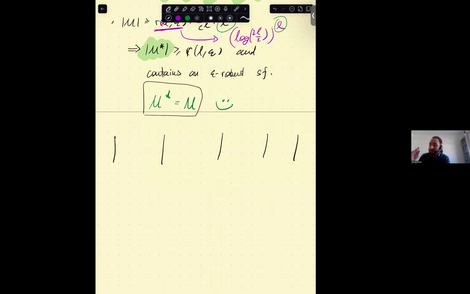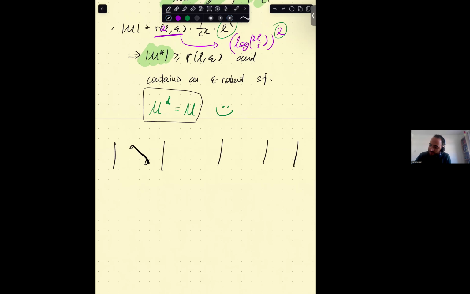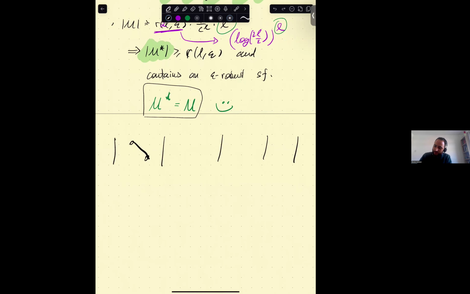You know that if a matching has this vertex and this vertex, then it must have this edge, right? And moreover, it never happens that the matching is like this. This is not allowed. Okay. So this M family contains an epsilon robust sunflower.